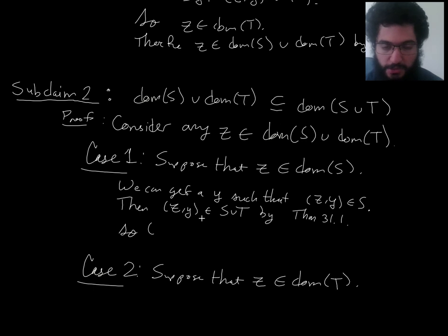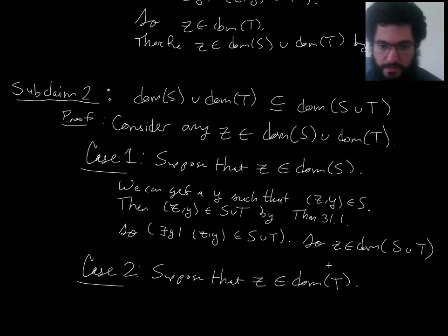So by existential generalization, there is something such that z comma that something is in S union T. So z is in the domain of S union T. That's again axiom 5 applied to this membership, which tells us it's equivalent to this.